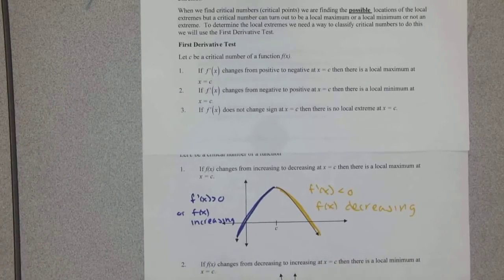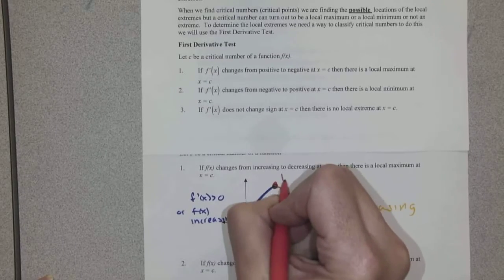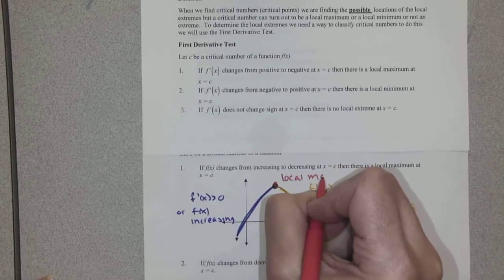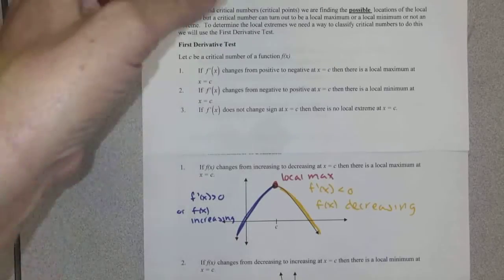And the only way that could happen is if you pass through a critical number, that you pass through a local maximum. So instead of necessarily thinking derivative positive, derivative negative, I tend to think function increasing, function decreasing had to go through a local maximum.